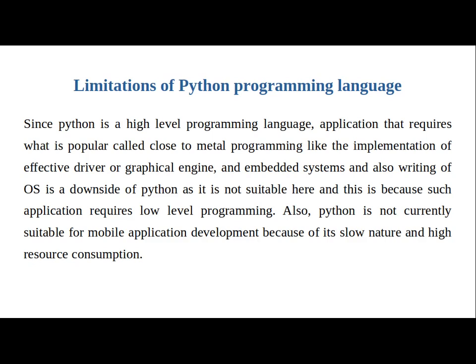Python requires high resources to function, and I think that is because it is an interpreted language. It takes a lot of time to keep interpreting lines of code over and over again. It's not like compilation, whereby everything is compiled once and you don't have to do that again. So this is all about the limitations of Python. You can go to the web and read more about it.